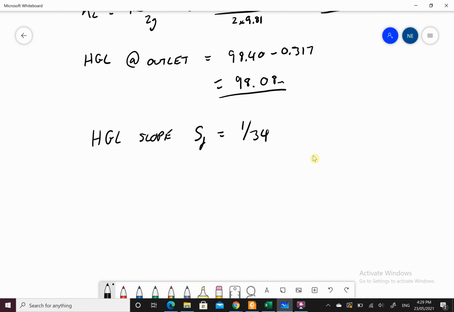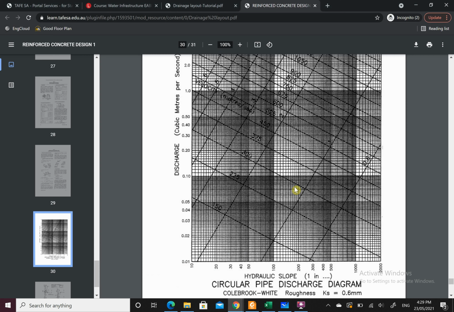So friction loss, or my hydraulic grade line drop due to friction, is equal to, now I need this here is my L, my length or my distance.